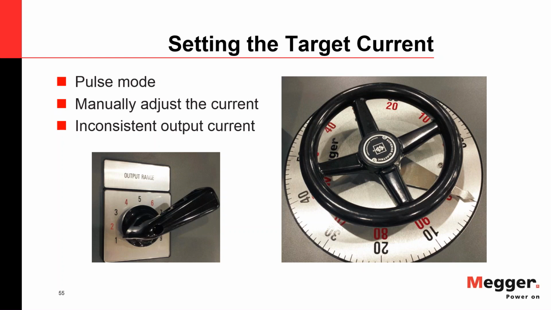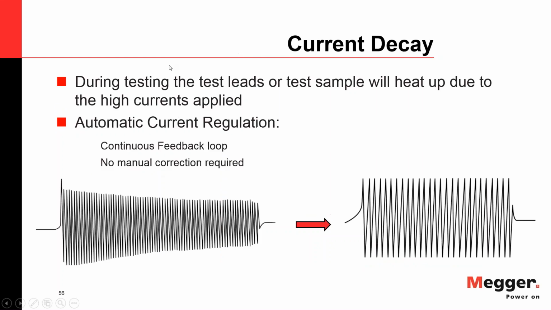So for each circuit breaker, if you're not testing similar breakers, you always have to repeat this kind of adjustment, because your inductive loop is your impedance, your burdening of the source is different, so the same relative setting will give you a different current. So this can be very time consuming if you have to test a lot of different breakers.